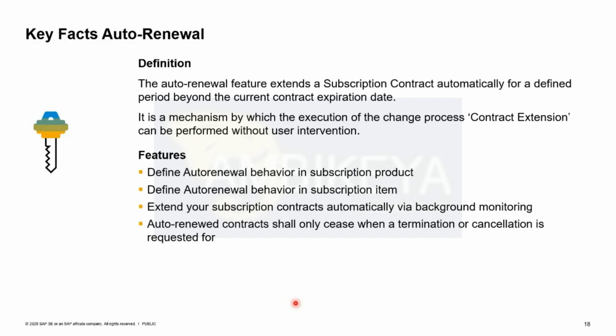So generally when the contract comes to an end, we need to make a decision whether a contract should be extended or terminated. We basically have two types of contracts in SOM. Few are evergreen contracts, and few are contracts which come with a contract end date.